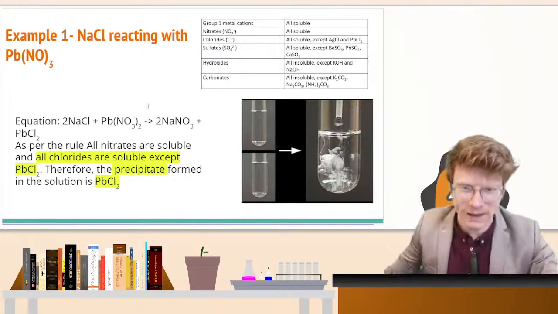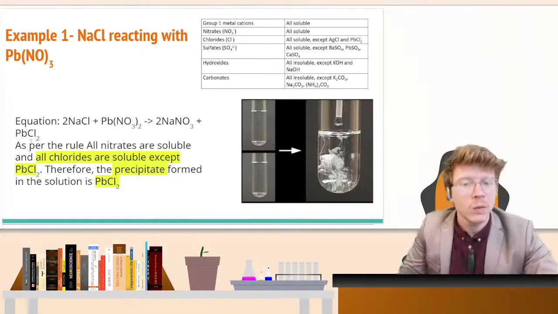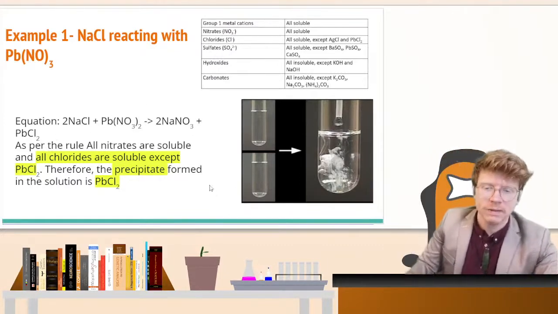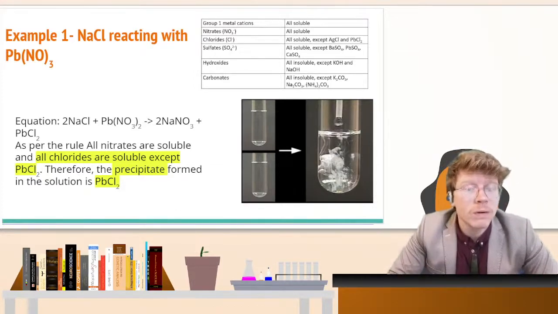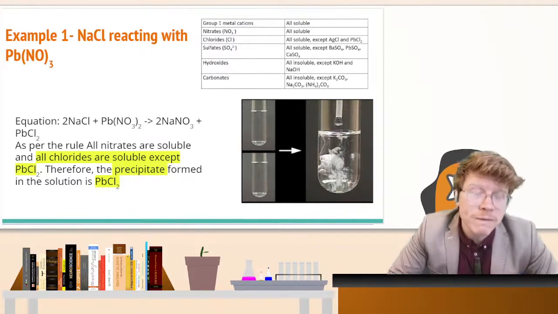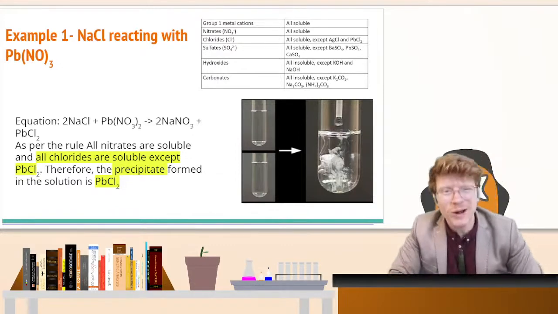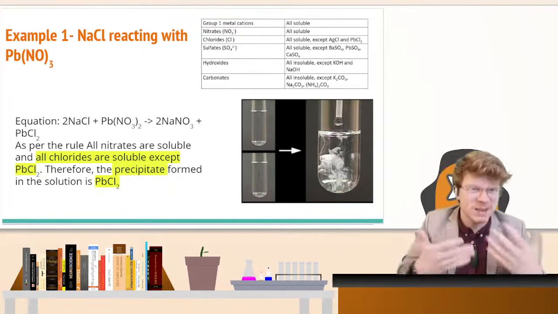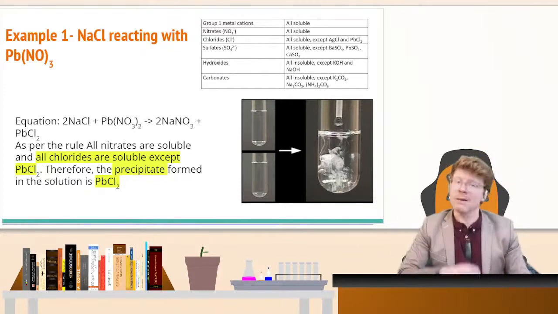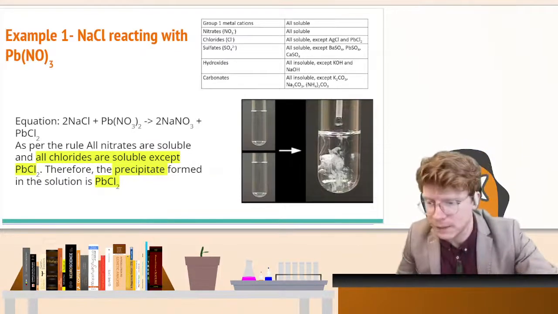Aha, we found it. So we state something along the lines of, we know that the white precipitate that was formed is lead chloride because the rule that we've been told is that all chlorides are soluble except for lead chloride. State that, you've made the clear link. All done. Okay?